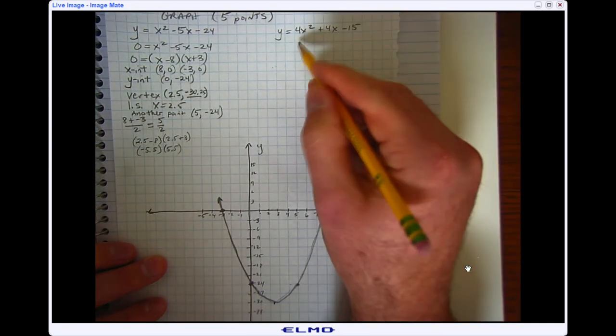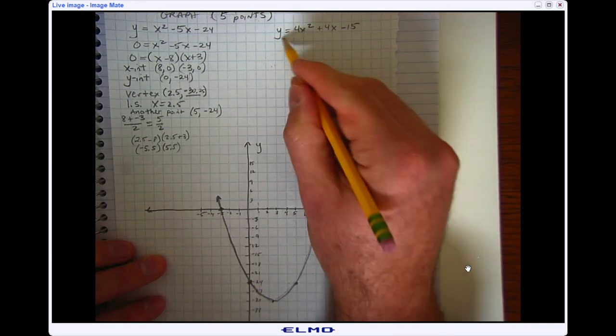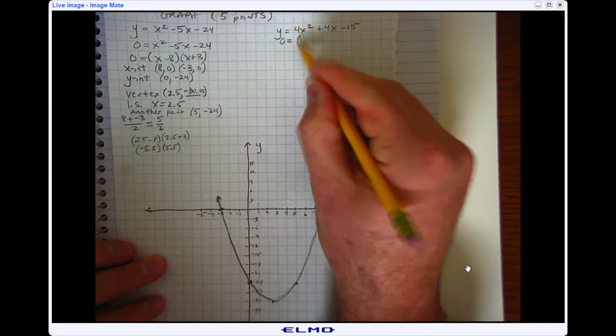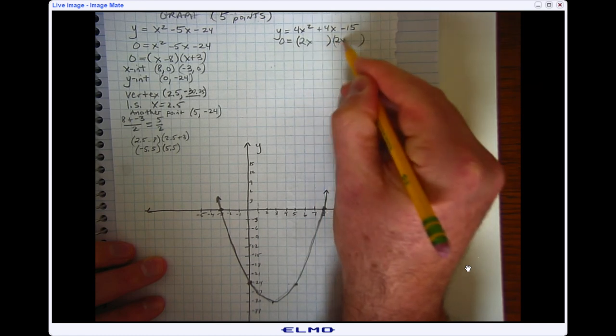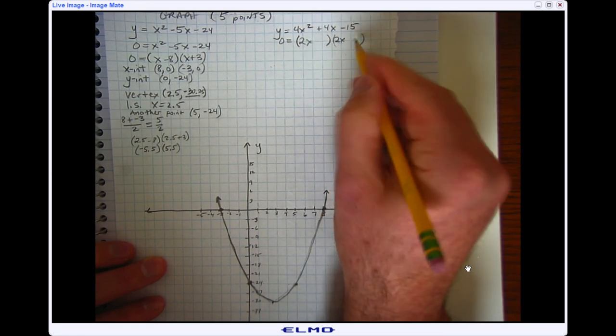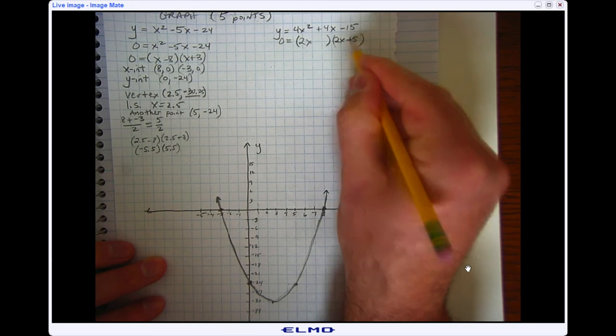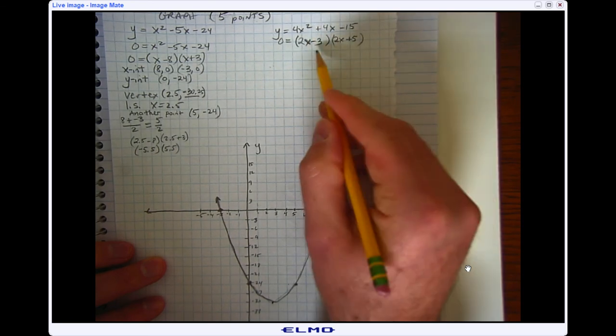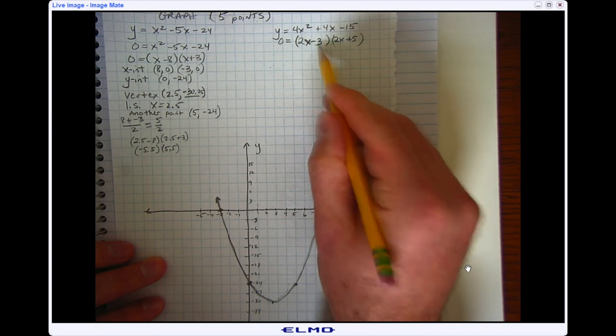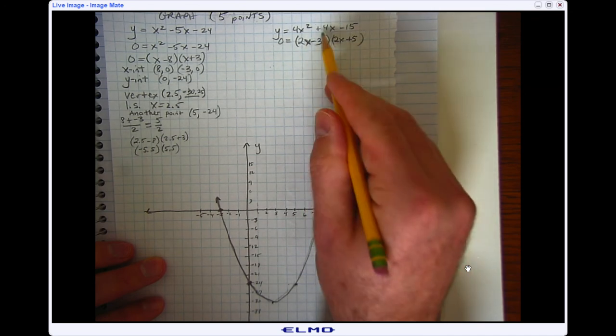For this next one, same concept. You would make this equal to 0 to do the zero product property. When I factor this, I'm going to have 2x, a positive 5 here, and a negative 3 here. When I do the inside-outside of FOIL to check, negative 6 plus 10 would be positive 4.